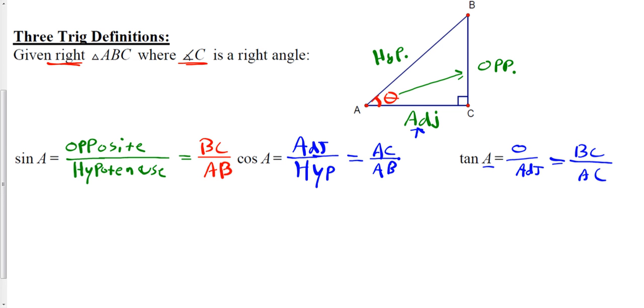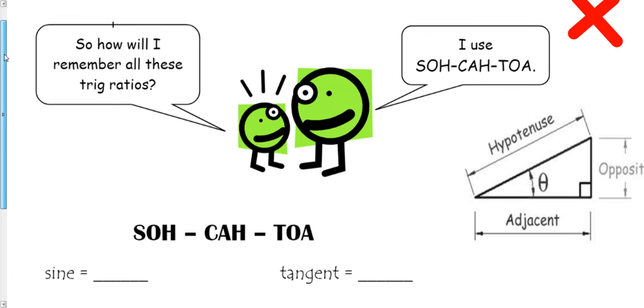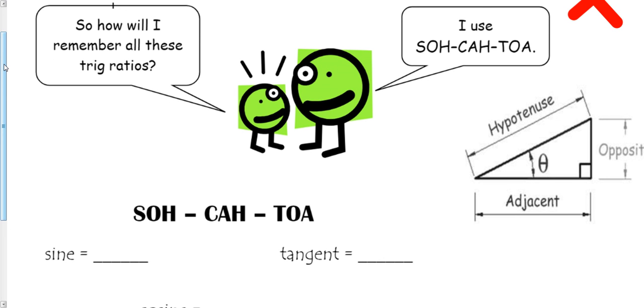What you might wonder is how you're going to remember this. So this isn't on your notes paper, but you might think, how will I remember all of these trig ratios? And the older frog is saying to the younger frog that he uses SOH CAH TOA. So SOH CAH TOA is helpful because it's telling you that sine is equal to opposite over hypotenuse.